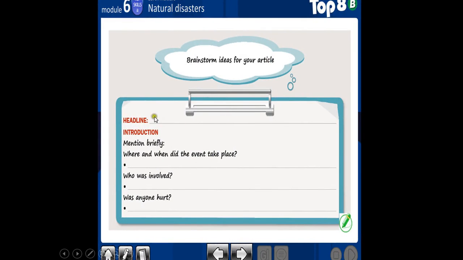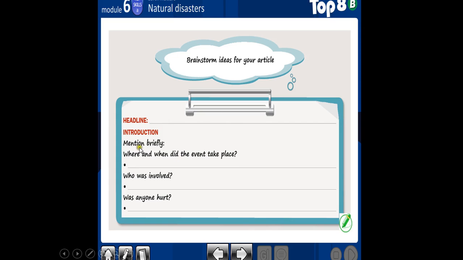Again, when you make an organizer, you start with the headline. You are talking about a natural disaster, for example, and you write a newsletter describing this natural disaster. So your headline is talking about the hurricane, a strange hurricane, for example, a fatal earthquake, whatever the headline you are talking about.